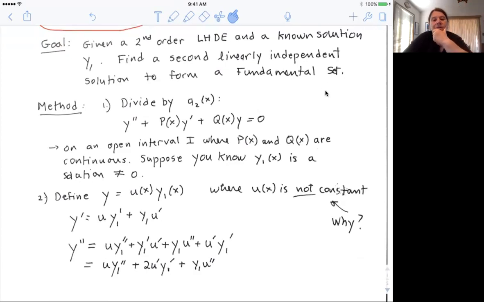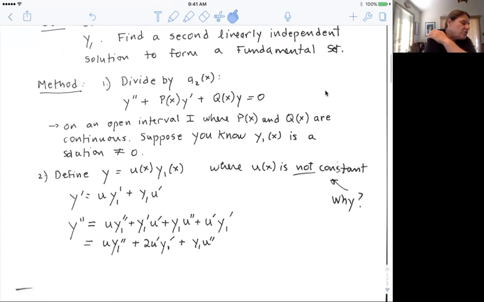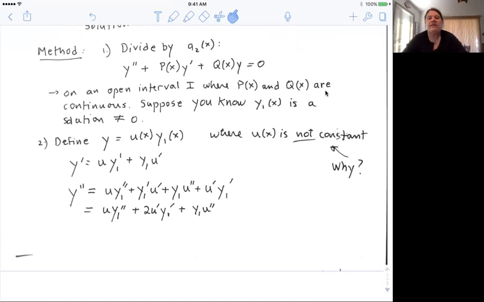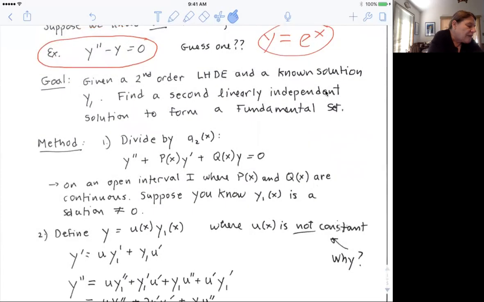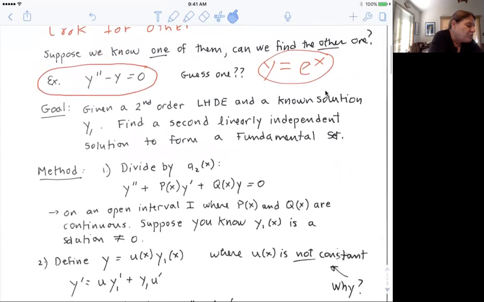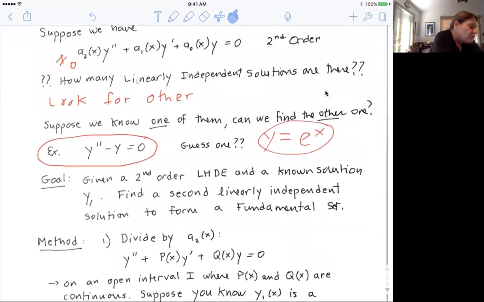All right, so here's my method. First thing I'm going to do is divide by A2 of x. So if you look at the original, I'm going to divide by that A2 of x.